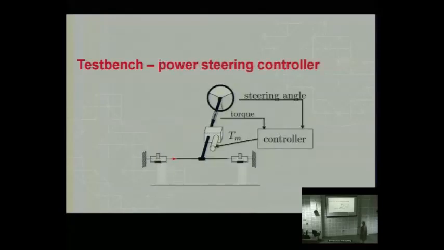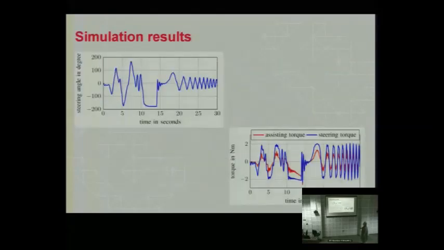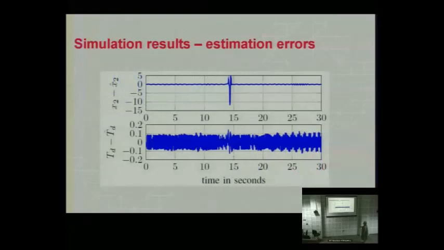We used a controller. Clearly we needed to have a controller on this system, so we used a controller that was already on the rig. We did some simulation results, and as we've seen, when you use computers, you can do very aggressive things. So this is simulation. This is the steering angle, so you can see very actively through large numbers of degrees, very quickly moving around. And this gives you an idea of steering torque.